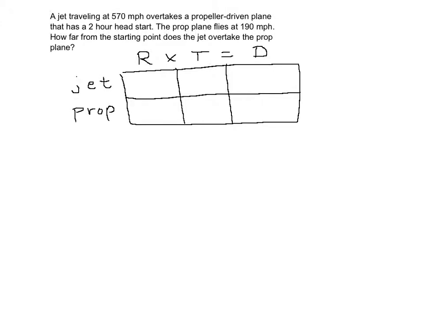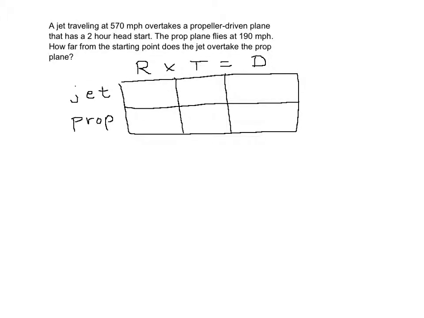So read this one carefully and try to make sure that you understand the important facts and the important data. So I've set up this table, and now we have to fill in the information that we know. We know what the rates are for each of them. That's pretty direct. So the jet is at 570, and the propeller plane is at 190.